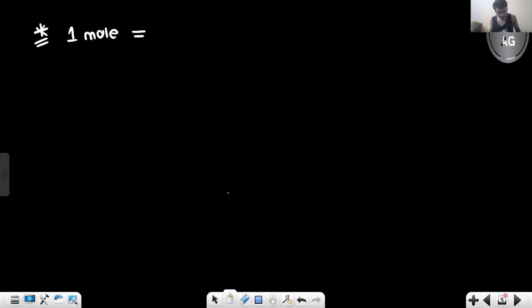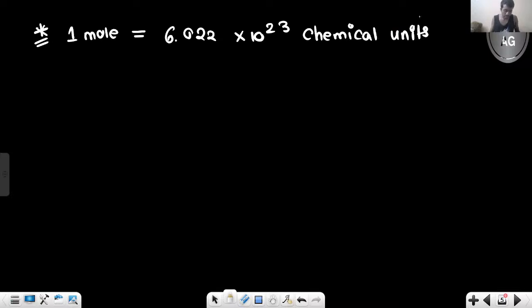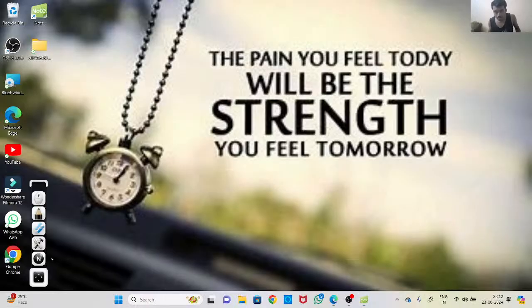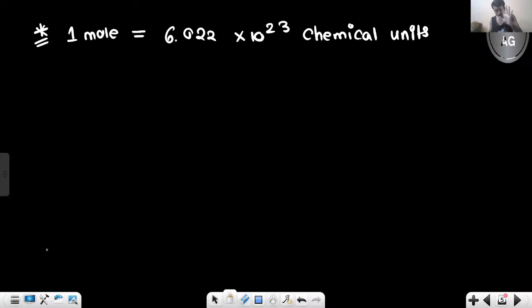What is the value of 6.02 chemical units? Chemical units. It's going to be, because here it can be ion, it can be proton, it can be number of electron, right? I just have not specified a particular type of chemical thing that is considered, right?